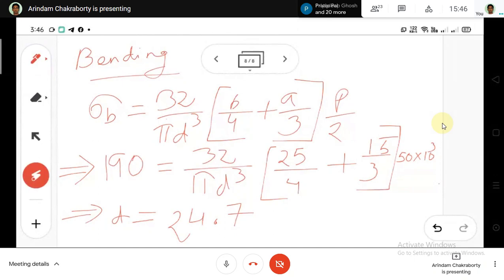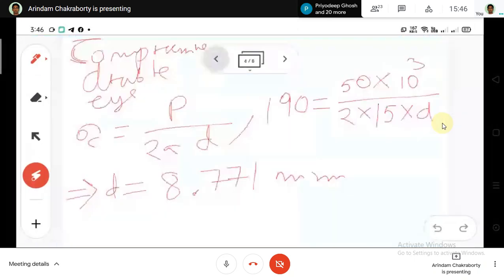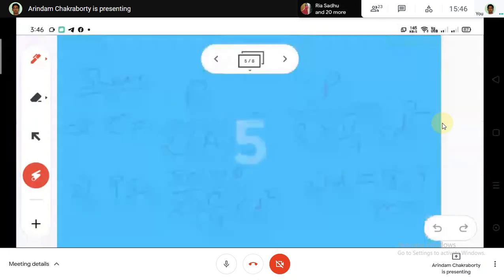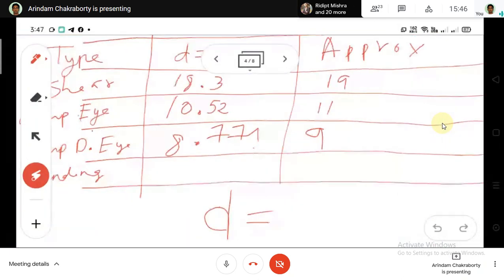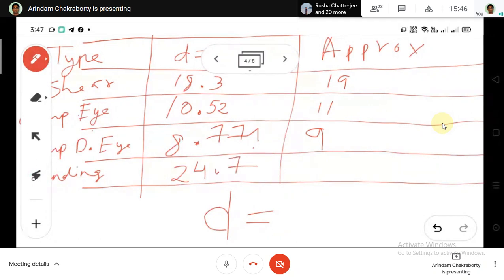Sir, 24.63. Okay, fine. 24.7, perfect. Let me write the unit. For bending we are getting 24.7. Now we can approximate it to 25.